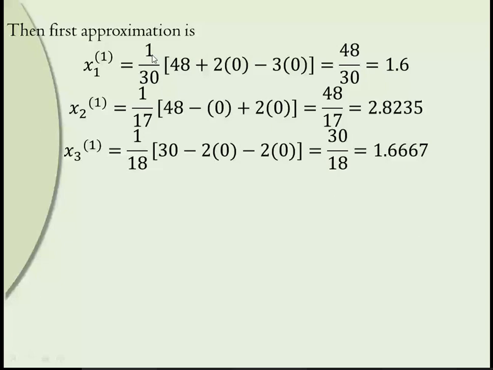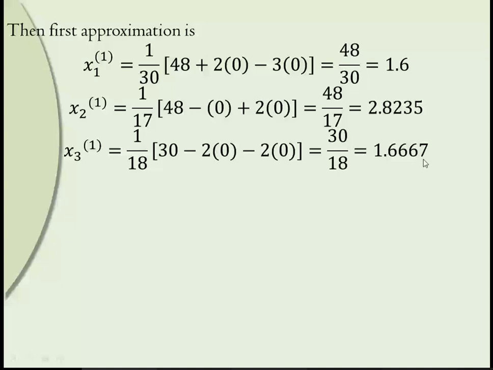That will be 1.6. The first iteration of x2 will be 1 by 17 into 48 minus 0 plus 2 into 0. That will be 2.8235.